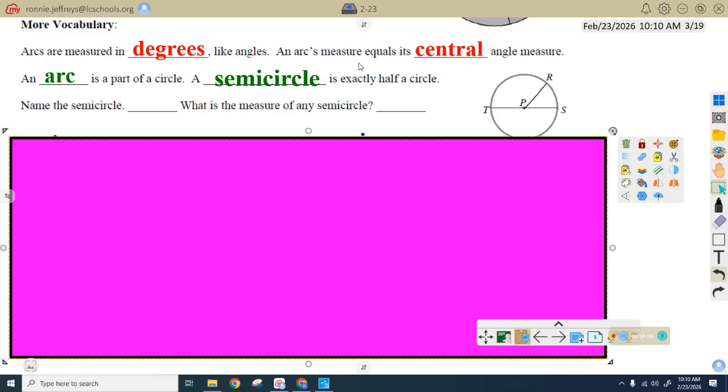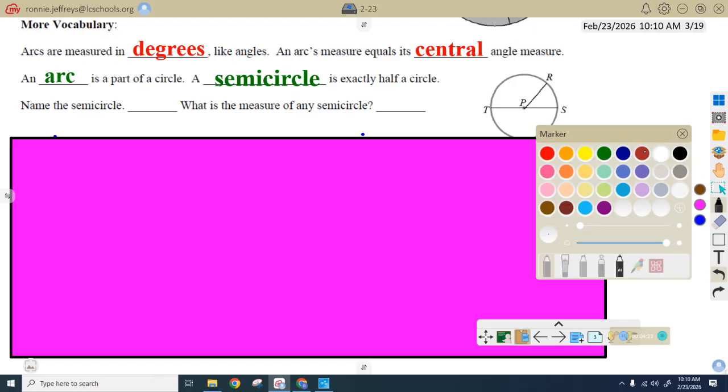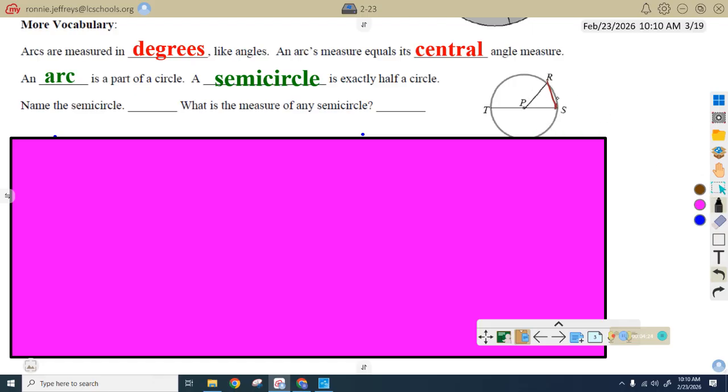An arc measure equals its central angle measure. An arc is part of a circle. Basically, if you had a pizza that was cut in triangles, an arc is the crust right here. A semicircle is exactly half of the circle.